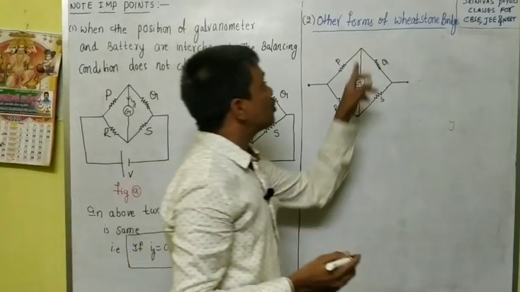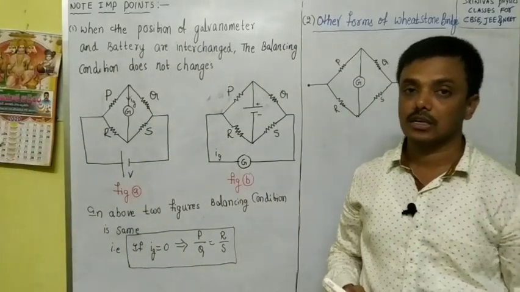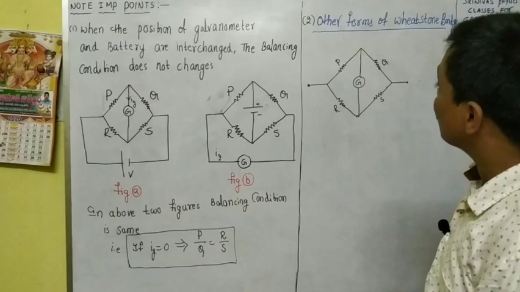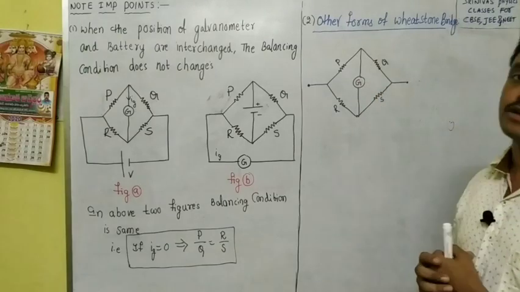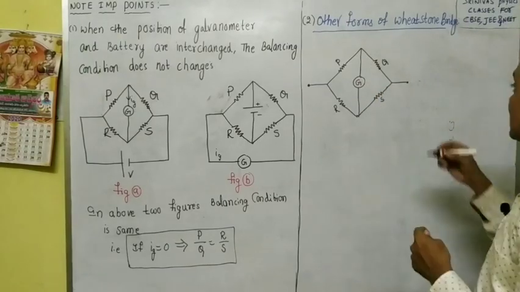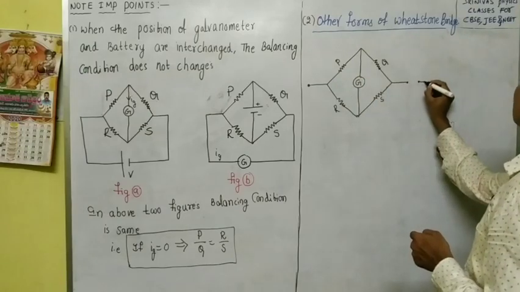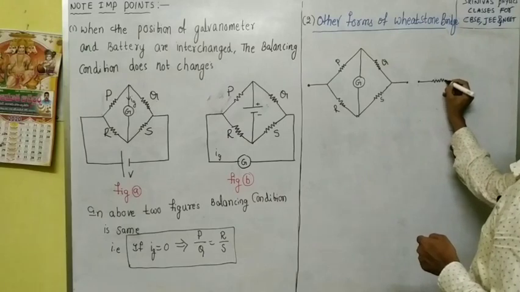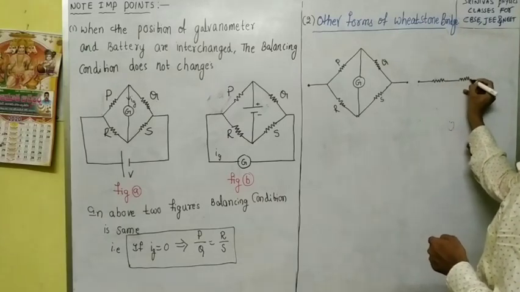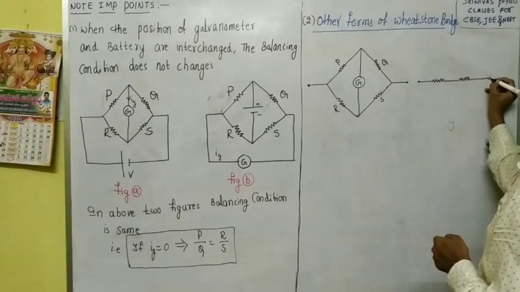And now I am going to explain the other forms of the Wheatstone bridge. The Wheatstone bridge is not only in this shape; there are some other shapes also. Let us see one shape. This is the general shape, and I will give another shape. For example, 4 resistors. This is 1, 2, and 3.